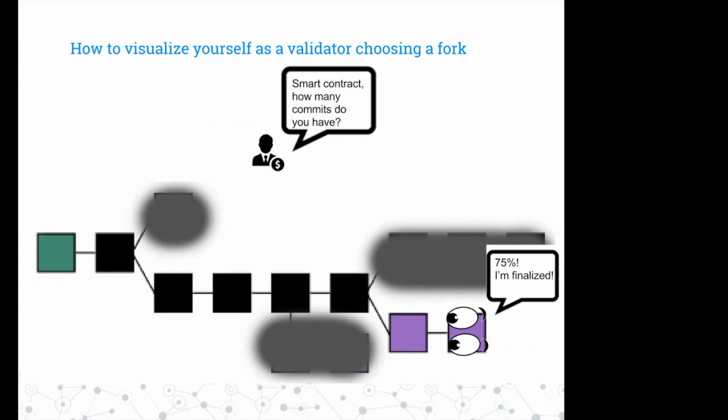The reason that I wouldn't just commit to all of them is because some other validators will report on me and I'll be penalized. Exactly.